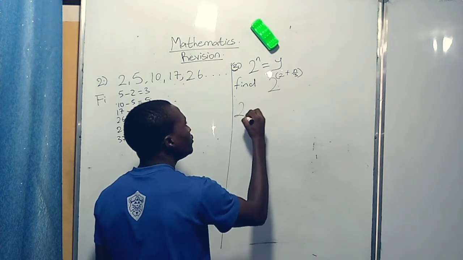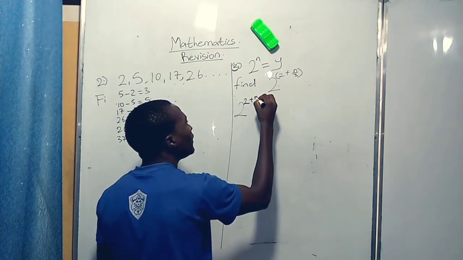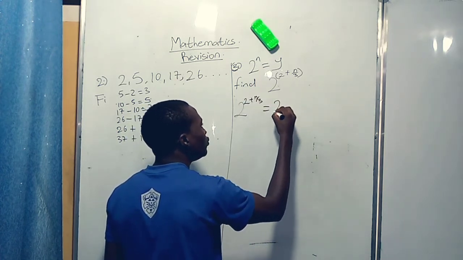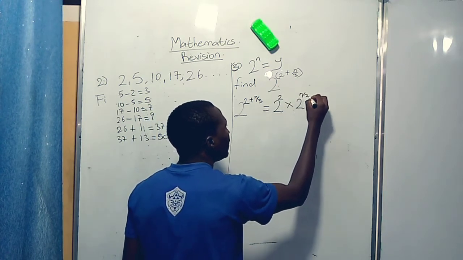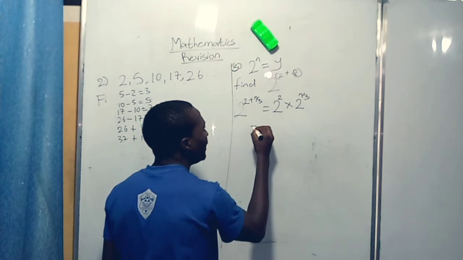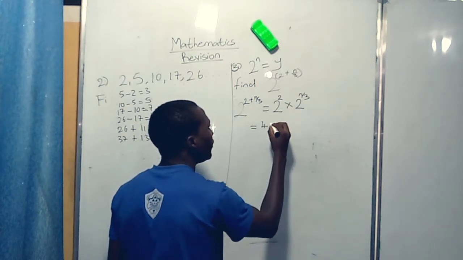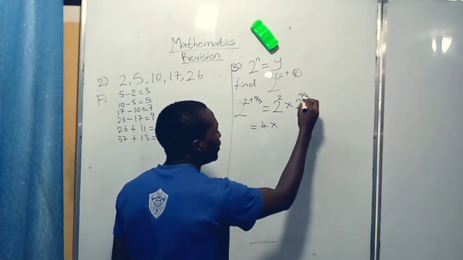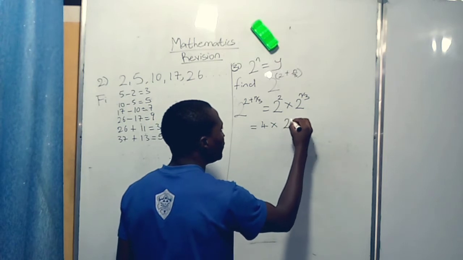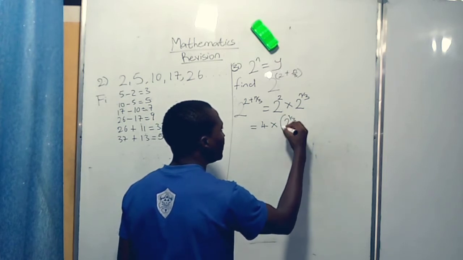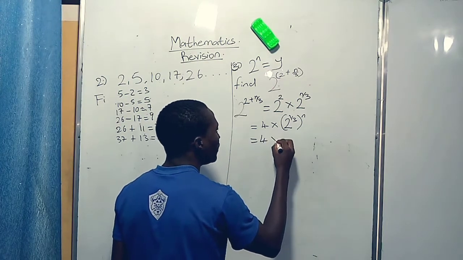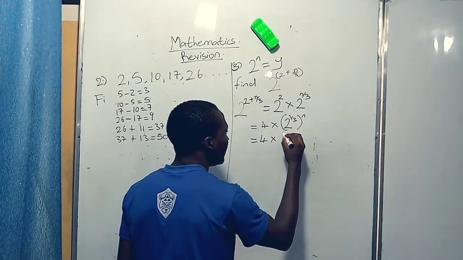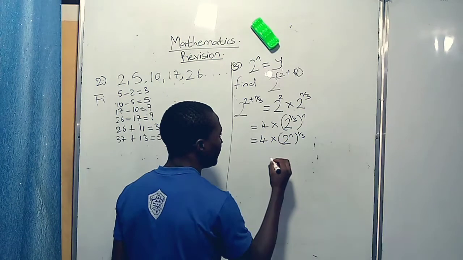So 2 raised to the power of 2 plus n over 3 can be written as 2 raised to the power of 2 multiplied by 2 raised to the power of n all over 3. And clearly, 2 raised to the power of 2 is 4. And 2 raised to the power of n over 3 can be written as 2 raised to the power of 1 over 3 times n. Or I can write this as 4 times 2 raised to the power of n, raised to the power of 1 over 3.